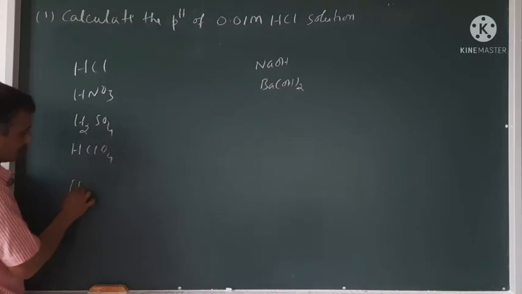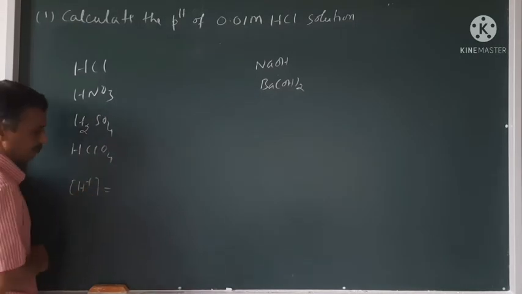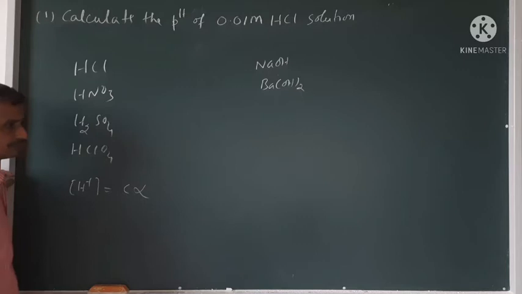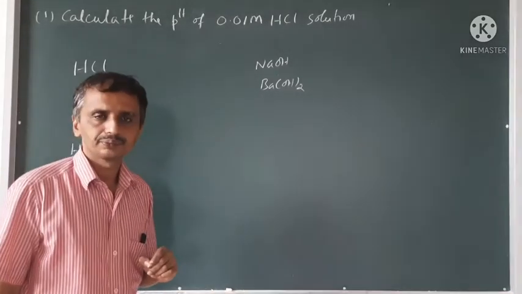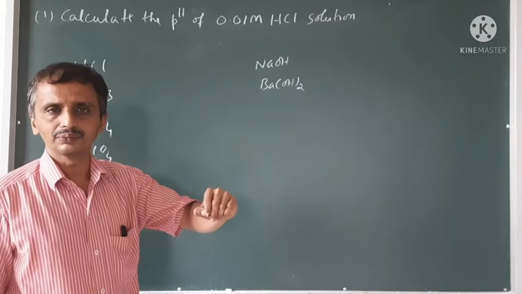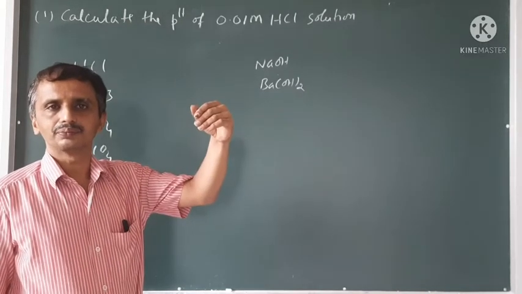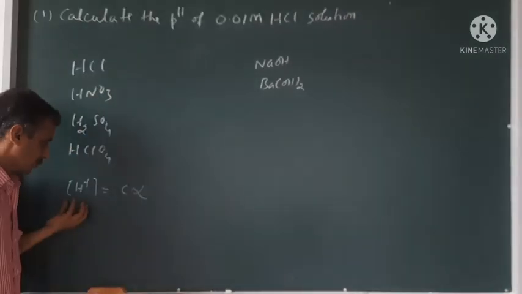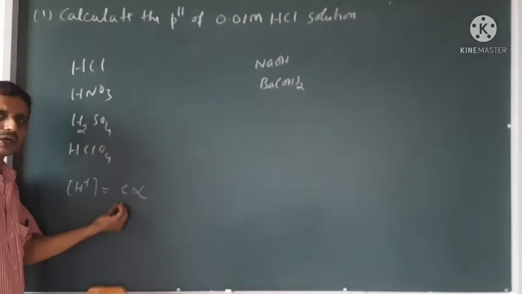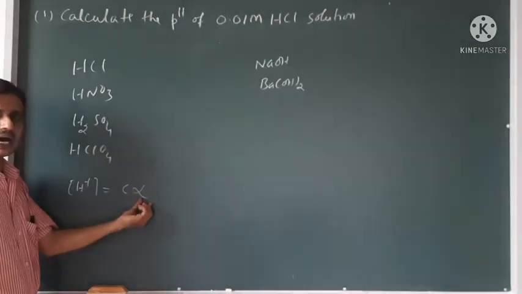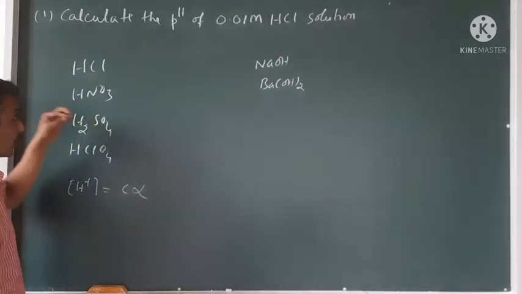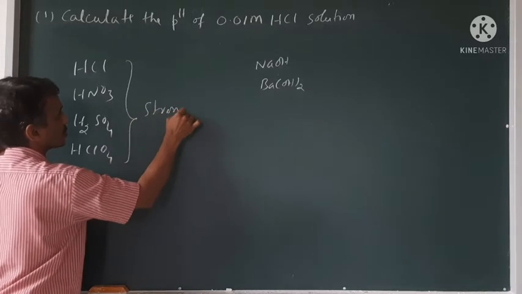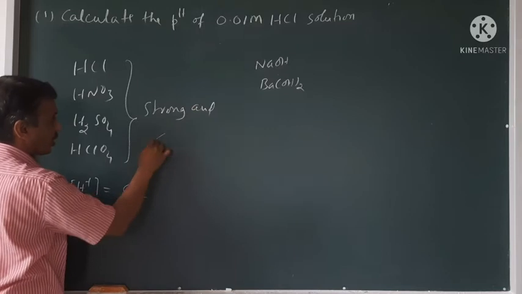And for the acid, H plus ion concentration is equal to C into alpha, where C is the concentration, alpha is the degree of dissociation. H plus ion concentration is equal to concentration of the solution into alpha, and being a strong acid, alpha value is 1.